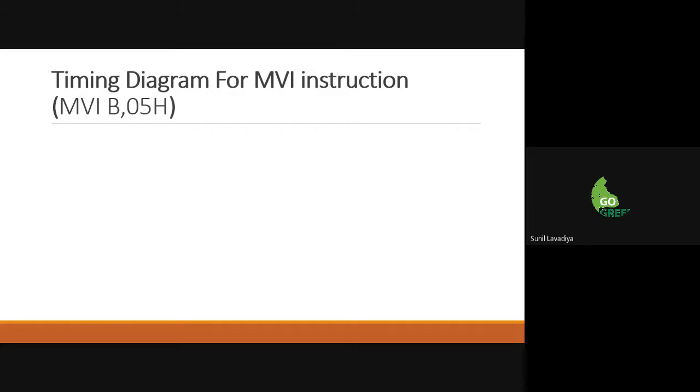Then after that, whatever operation they have to do, like memory read, memory write, or the IO part or other part, they required 3 T states. So that is the minimum time required for the process.